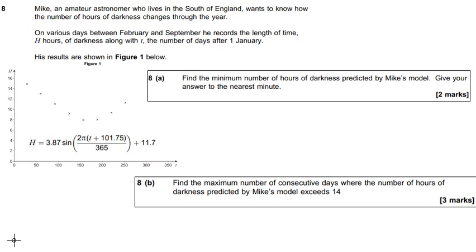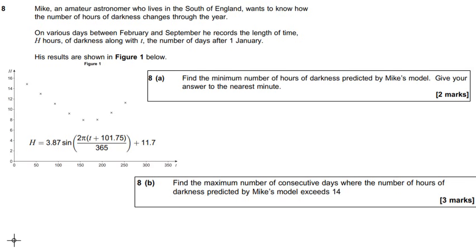Okay, I struggled to squeeze this one onto the screen, but let's have a look. We're told that some astronomer is looking at the number of hours of darkness throughout the year, starting from January the 1st. So t is the number of days along the x-axis, h on the vertical axis, the number of hours of darkness, and obviously as we go towards the summer months that drops and then it increases again.